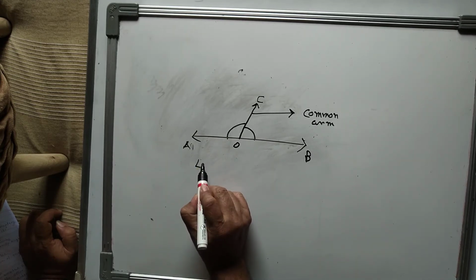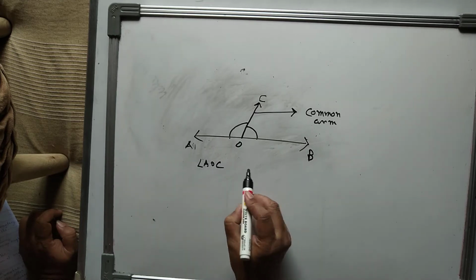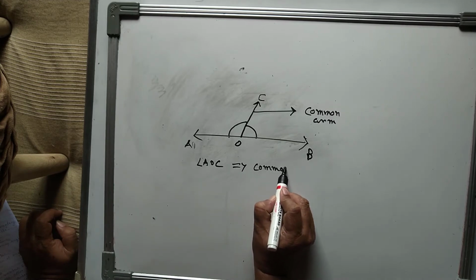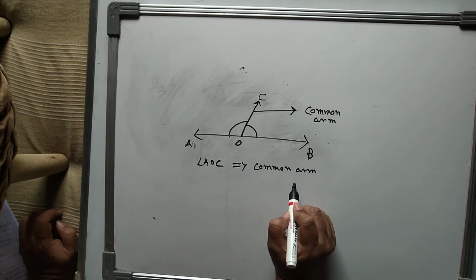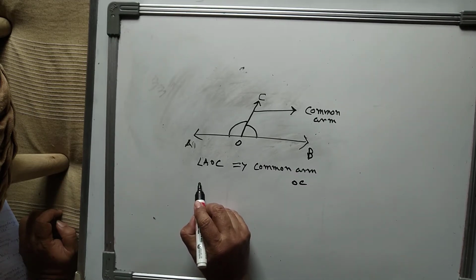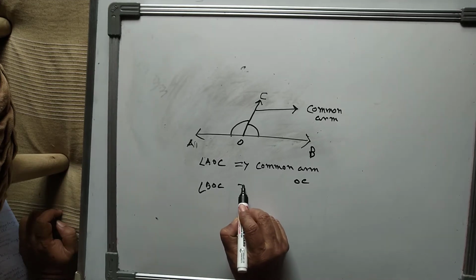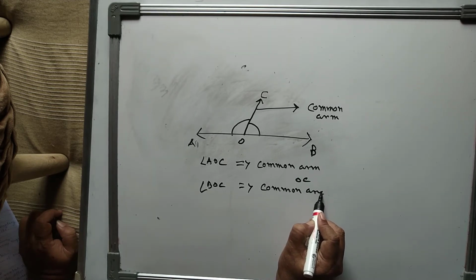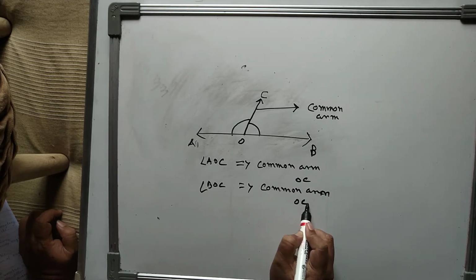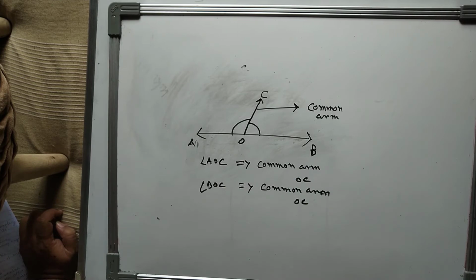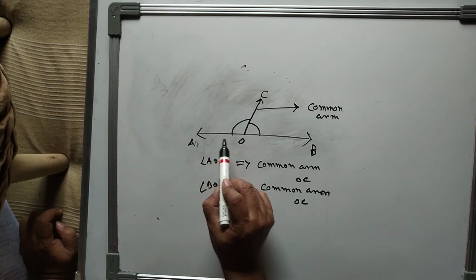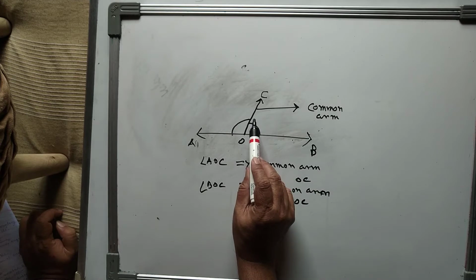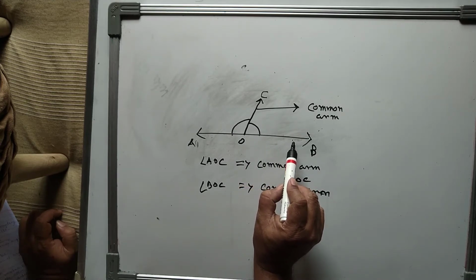Angle AOC, common arm OC. Similarly, angle BOC, common arm OC, this one, and the non-common arms are lying opposite to the common arm.